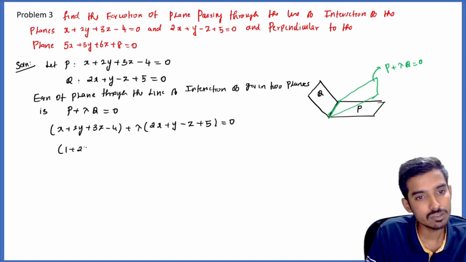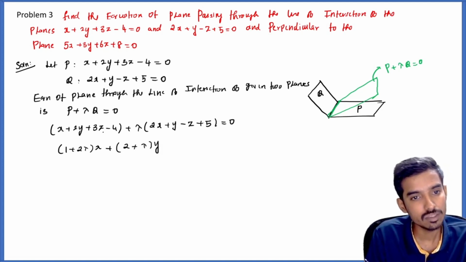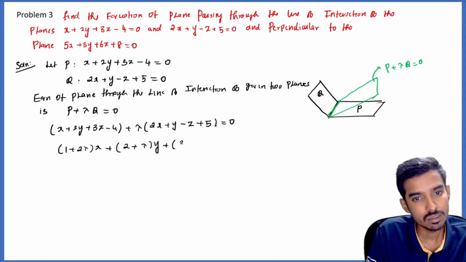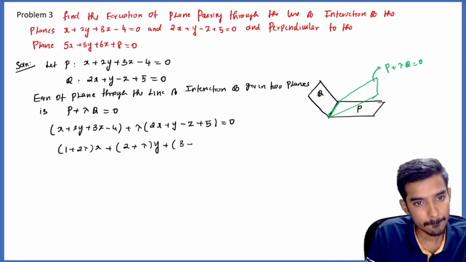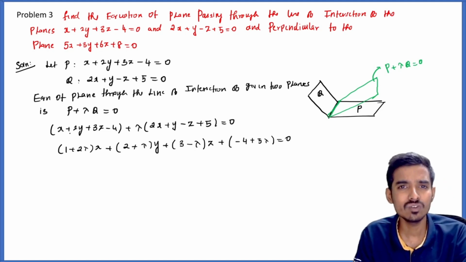So (1 plus 2 lambda) into x. If you group the y terms, (2 plus lambda) into y. Grouping the z terms, (3 minus lambda) into z, minus 4 plus 5 lambda is equal to 0. I've just grouped x, y, z.